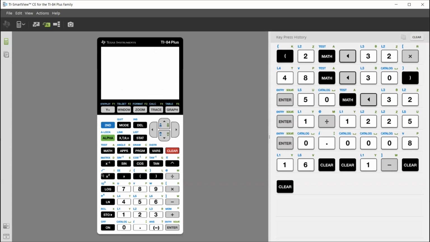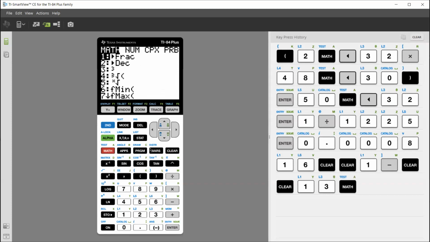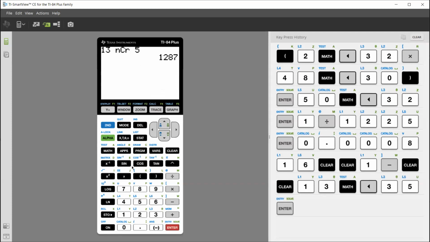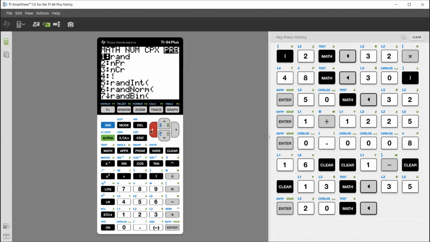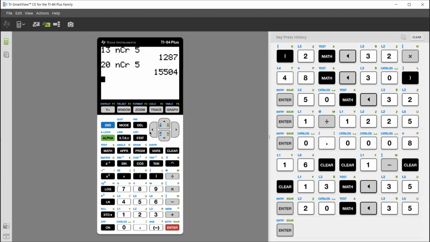So we have 13, math, probability, and nCr, 13 choose 5, 1287. And we have 20, so we'll do 20, math, probability, and nCr 5. This is going to give us 15,504.